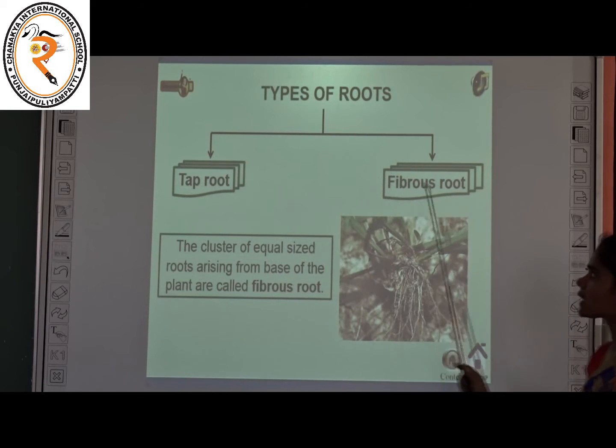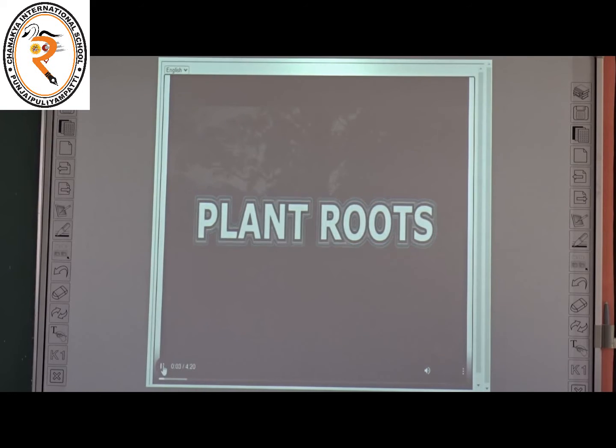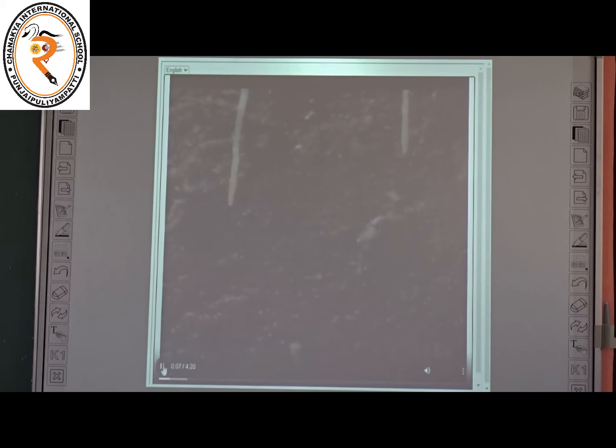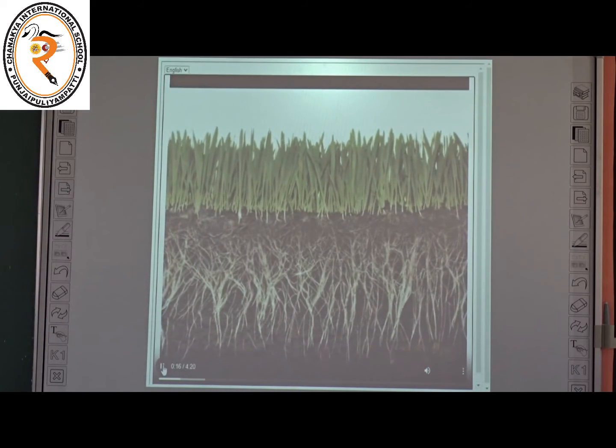One is tap root, which grows vertically down in the soil opposite to sunlight.